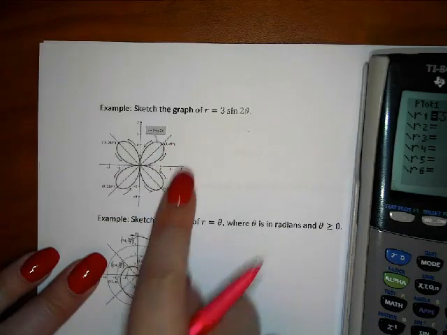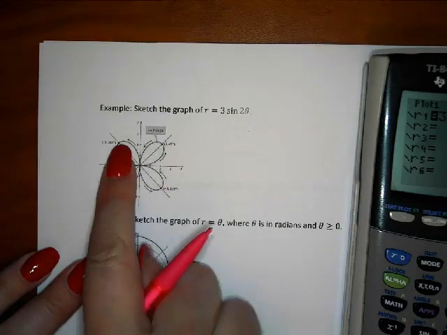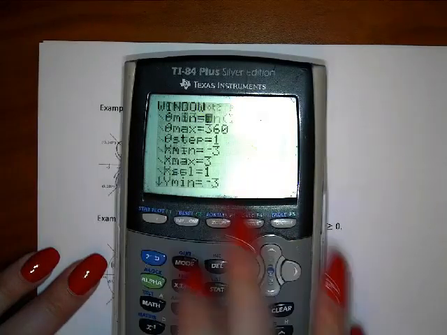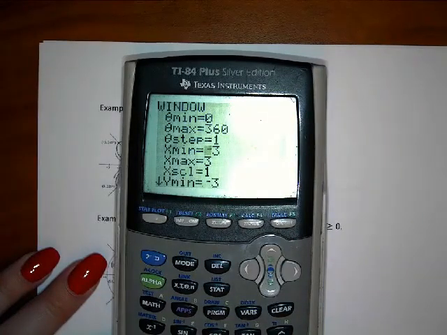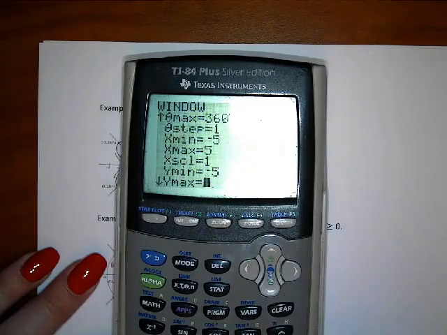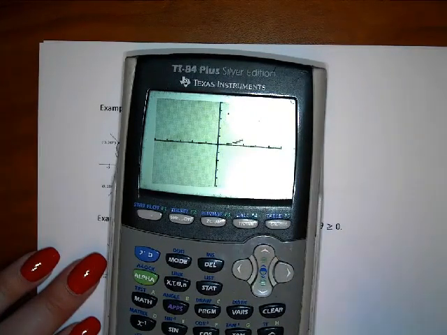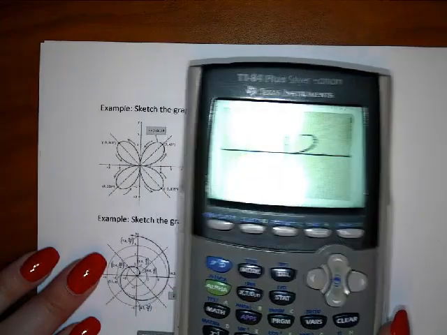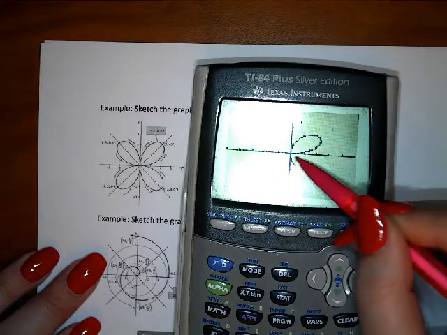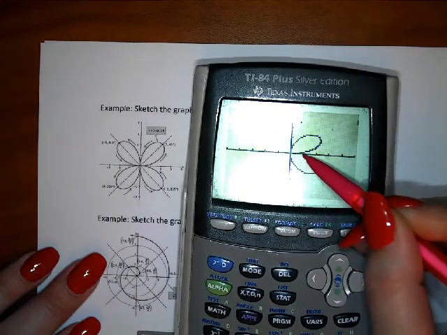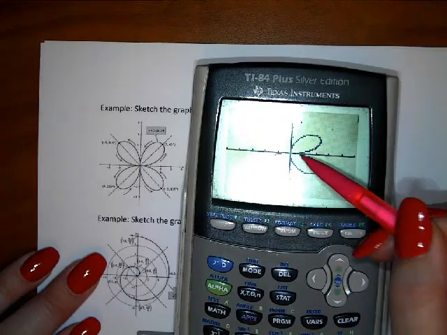I'm going to go out to 5 just to make sure I can see everything. Okay. So there's the first petal, is what they call them, and then the second one is drawn over here, and then the third one is drawn over here, and then the fourth one is drawn over here.